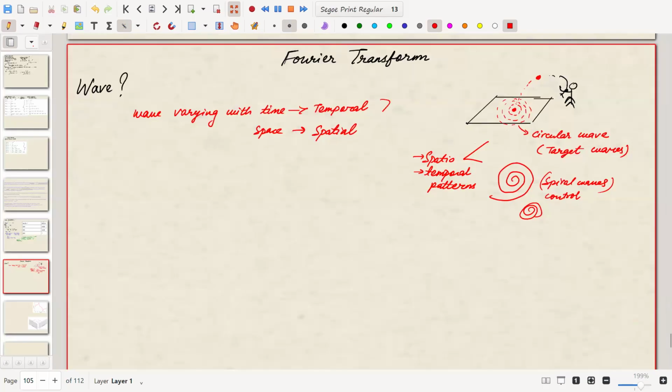Since it can vary with space and time, we can write waves as a mathematical function f, which denotes the wave, and it depends on space x and time t. So f(x, t) gives us the status of the wave at location x and time t.